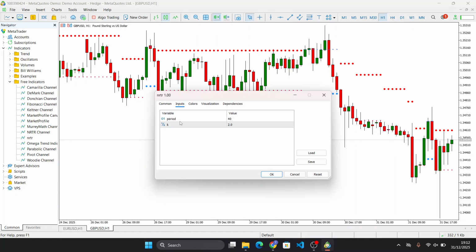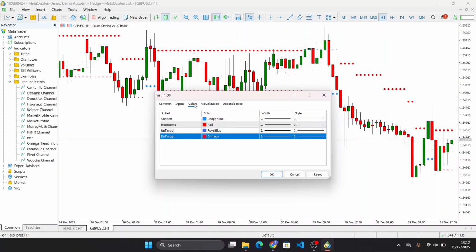There's also a period setting that controls the look back window used in the calculation, influencing how smooth or reactive the line appears. Visual settings allow you to adjust color, thickness, and style of the NRTR line for clearer chart readability, as you can see here.